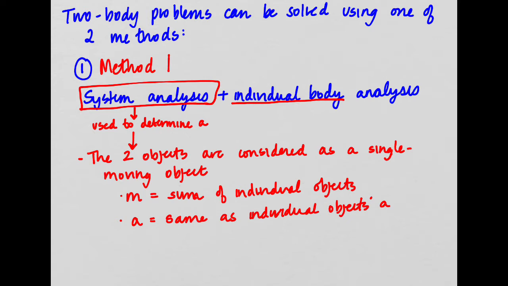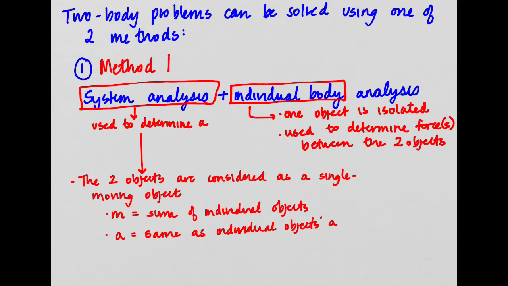Then we have the individual body analysis. We isolate one object. Rather than considering them as one object like we do with a system analysis, in an individual body analysis we isolate one of the objects and treat it as if it's separated from the second object.